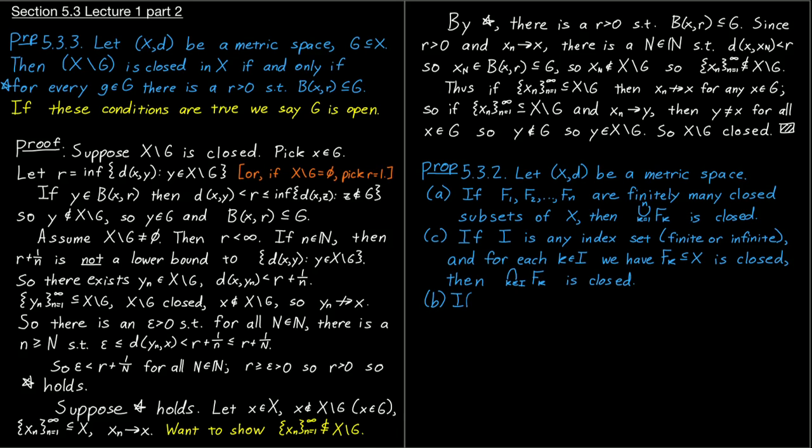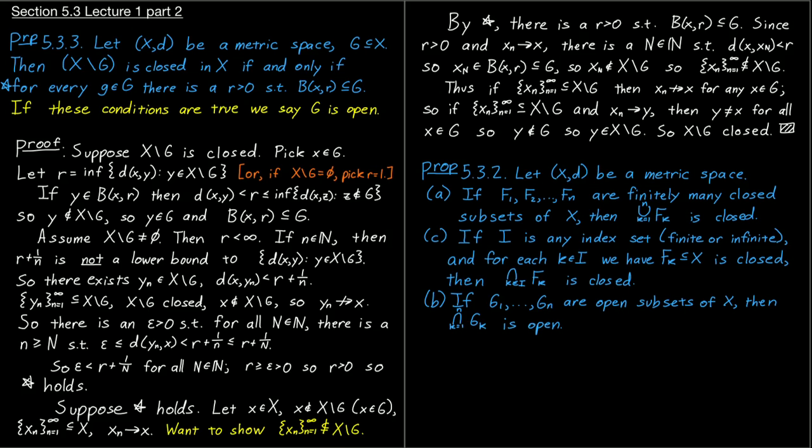So part B is, if you've got open subsets of X, then the intersection of finitely many open subsets is open. And I'll say one thing about the proof of this.